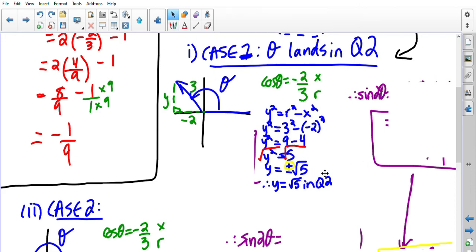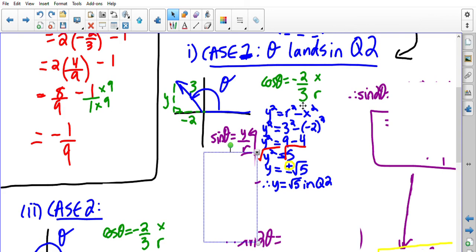We chose positive root 5 because the angle's y value is going above the x-axis, so it would have a positive y coordinate. So y is positive root 5 in quadrant 2. That means if sine theta is y over r, then sine theta is positive root 5 over 3. So that's sine theta in this quadrant.